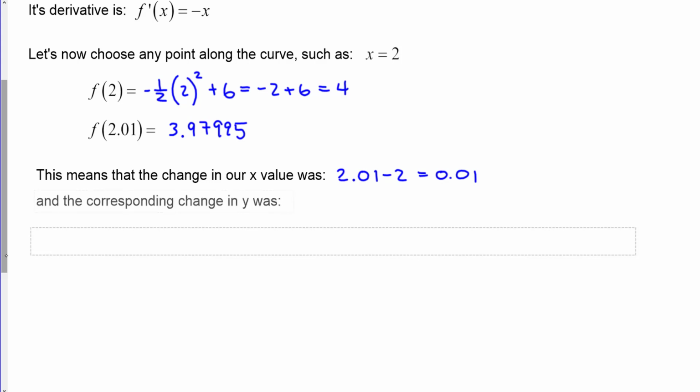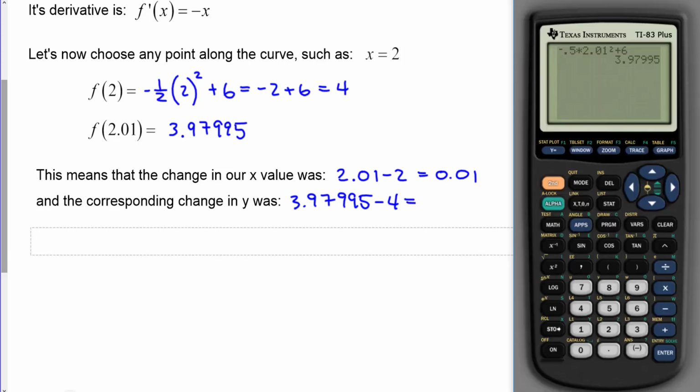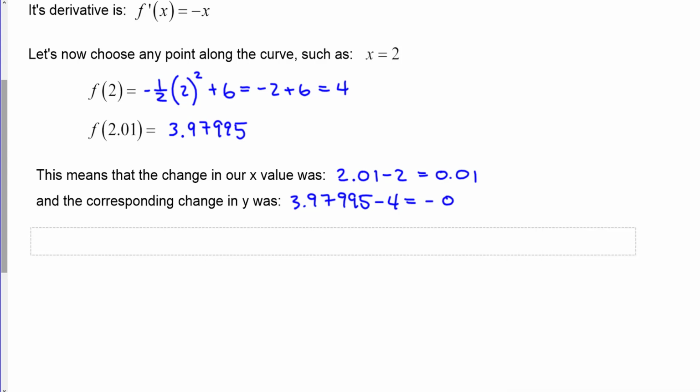The corresponding change in the y values was 3.97995 minus 4. So just take that minus 4. Negative 0.02005. Those values are that, not was that.